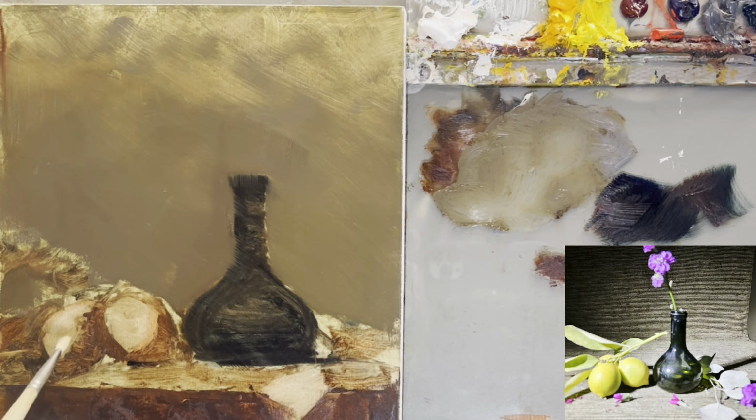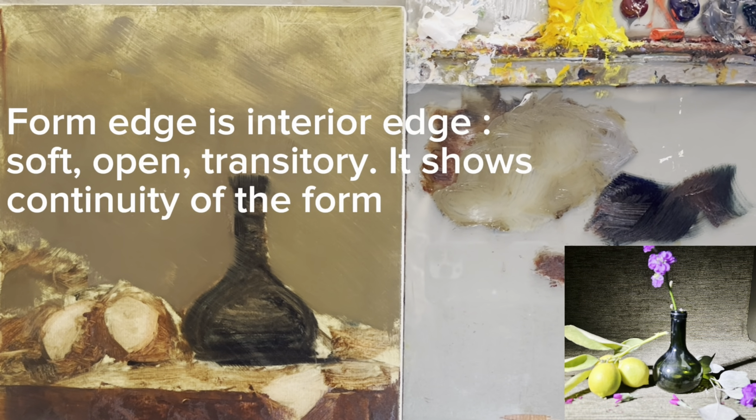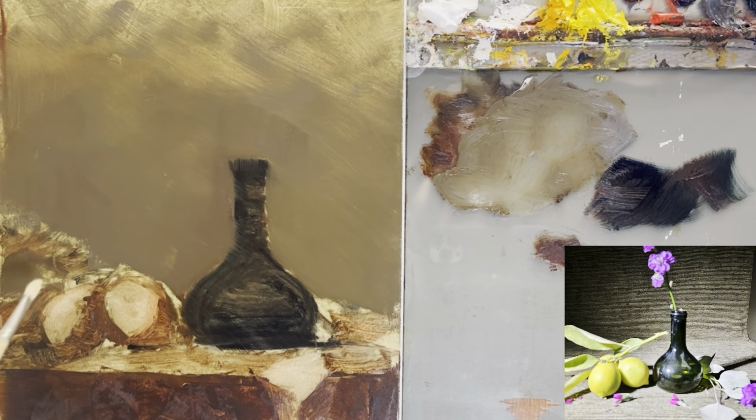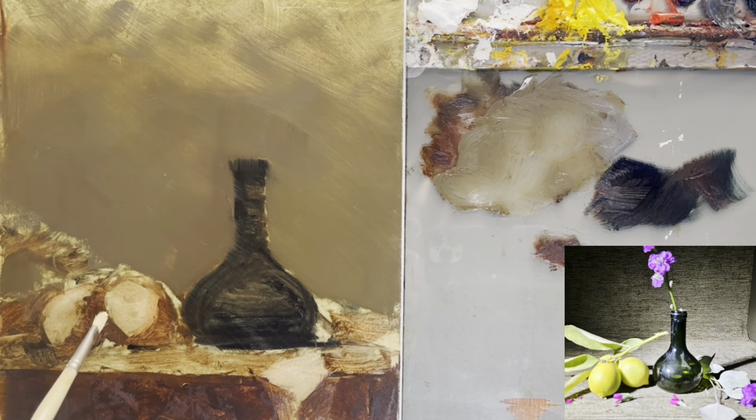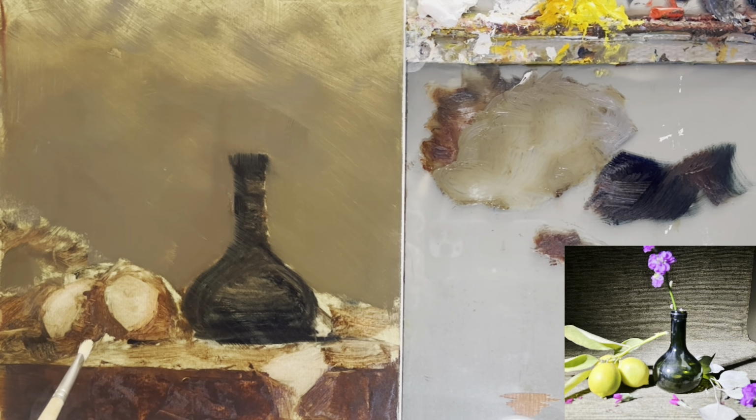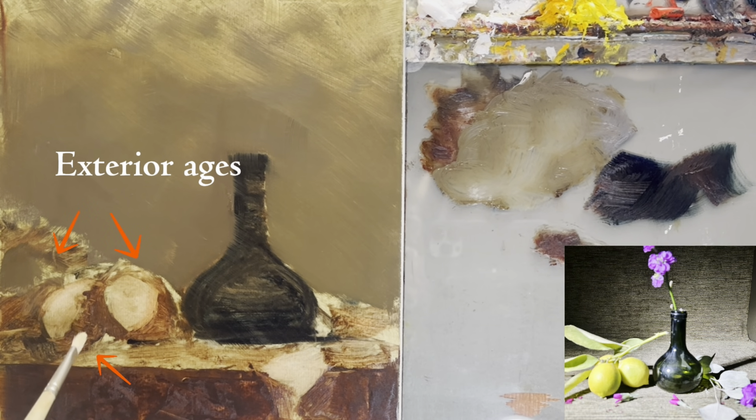This edge is all about continuity of the object. The object doesn't end here, it continues, except that it's no longer lit up but mystified or hidden by the shadow. So the form edge is an interior edge. The two exterior edges, the starting light edge and the finish of the shadow edge, are both synonymous.